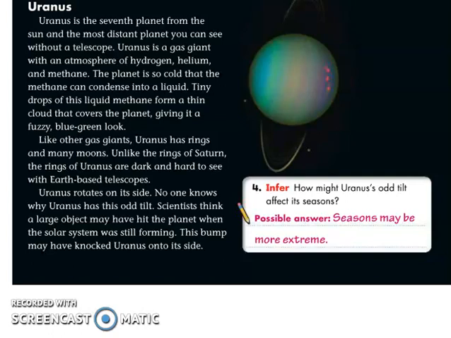At the same time, the fuzzy blue-green look, okay, it is because of the gases inside this planet. As I mentioned, blue is the color of methane, and then it gives different colors because of the other gases inside this planet, okay? Now, Uranus rotates on a different side, okay? So it has its own way of rotating.